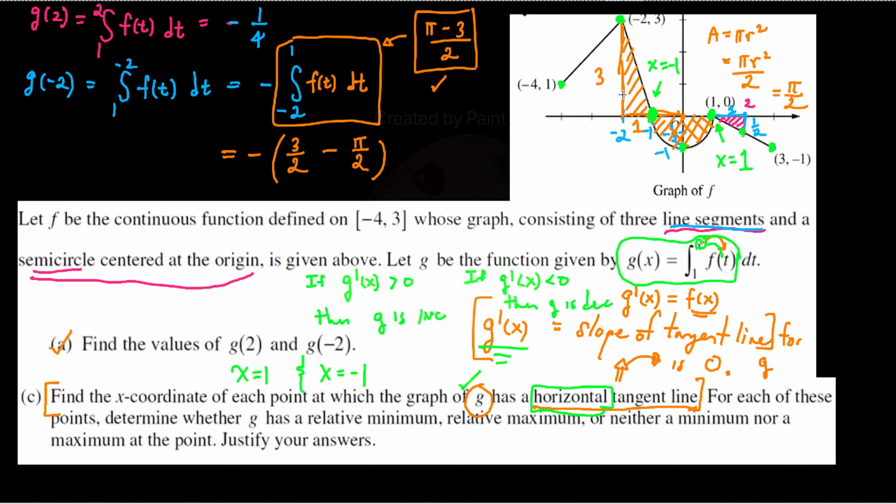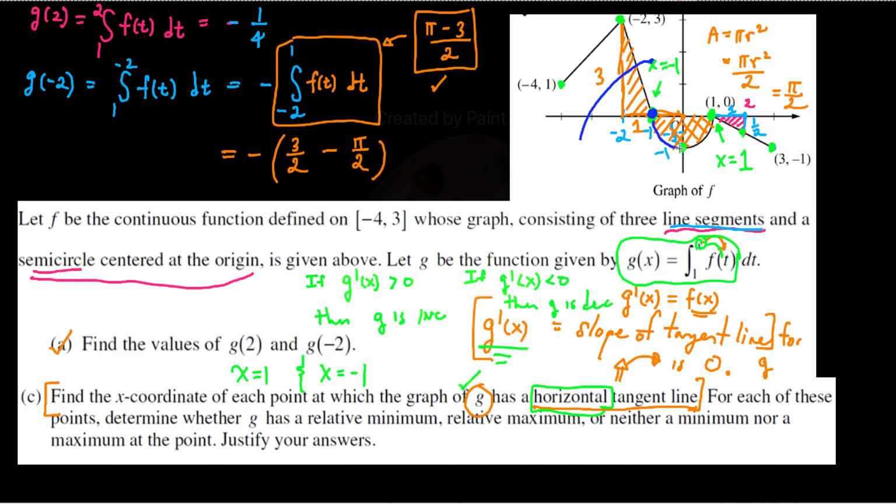So let's look at what G might look like given G prime of x. This is G prime of x, this curve here. What could G be looking like? Well, here, G prime of x is positive, all the way up to this point. So if G prime of x is positive, G is increasing, increasing, until it comes to this point right here.